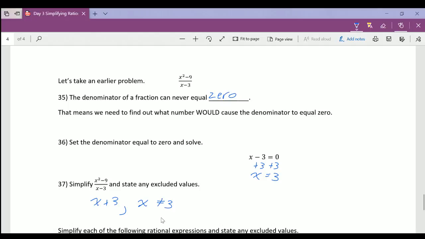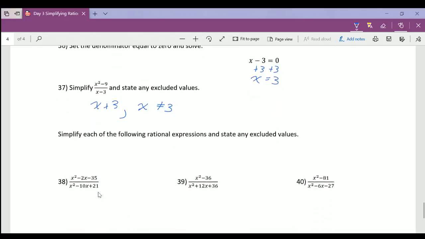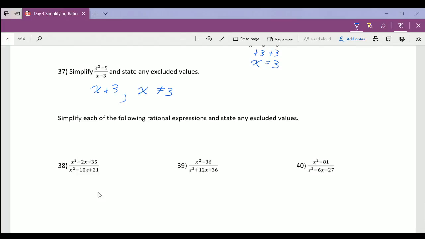You're not allowed to have an x that equals 3. Even though here it doesn't look like there's a problem, you got to go back to the original. If it's excluded at the beginning, it's excluded for all time. Okay, guys?